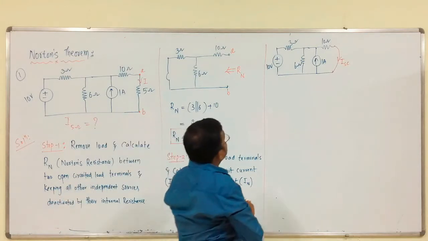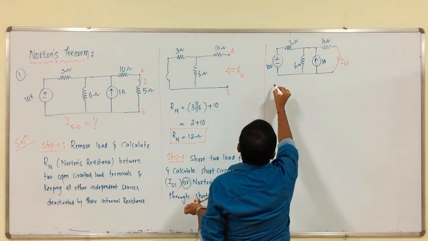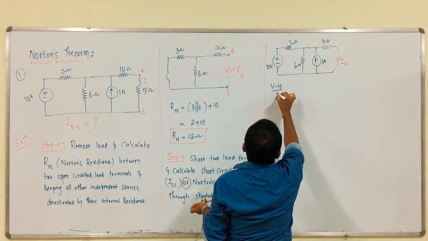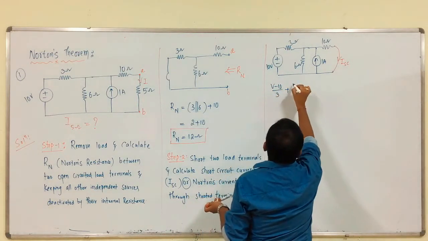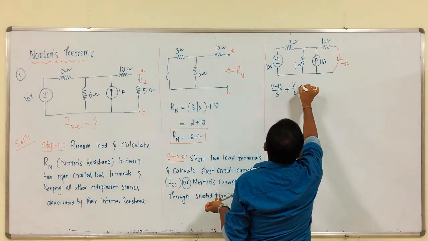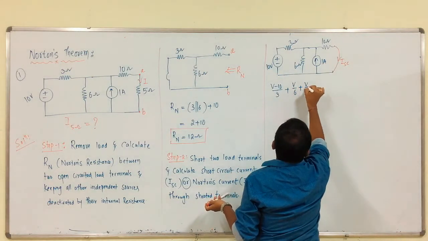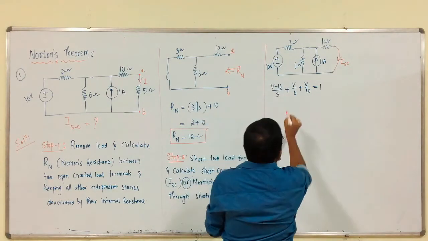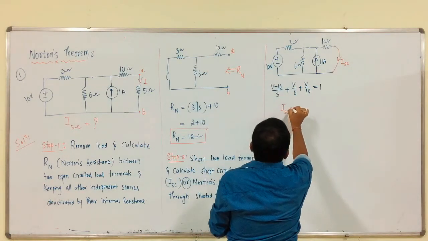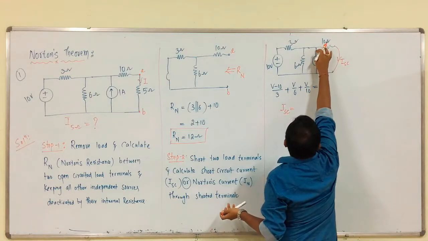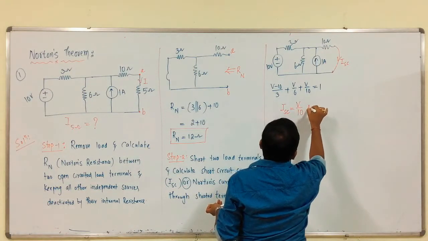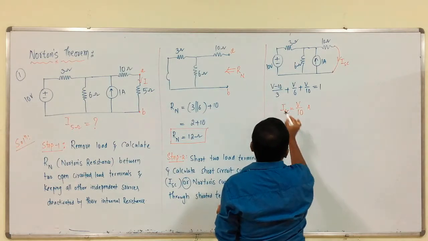From this, (V minus 10) by 3 plus V by 6 plus V by 10, which is equal to 1. So, we know that ISC is equal to what? See, V by 10, right? V by 10 amps.